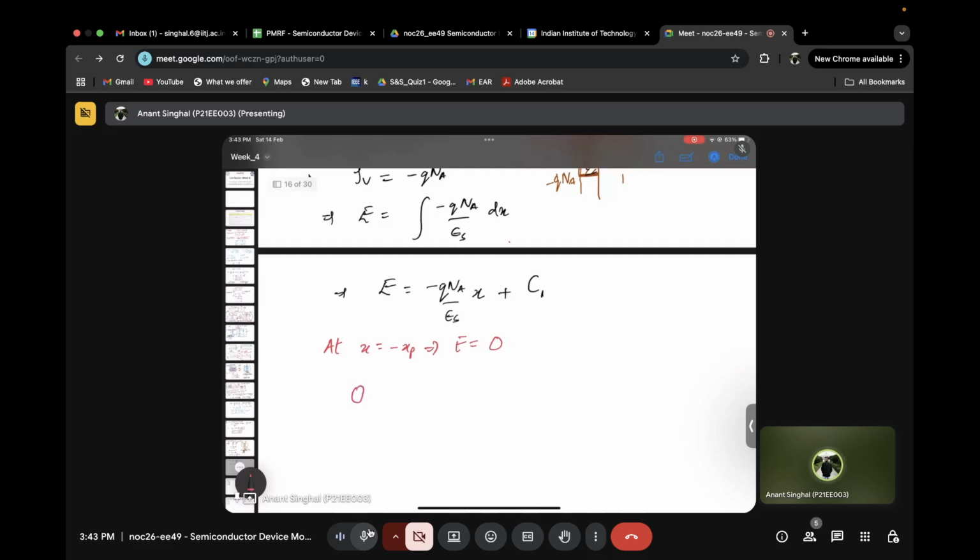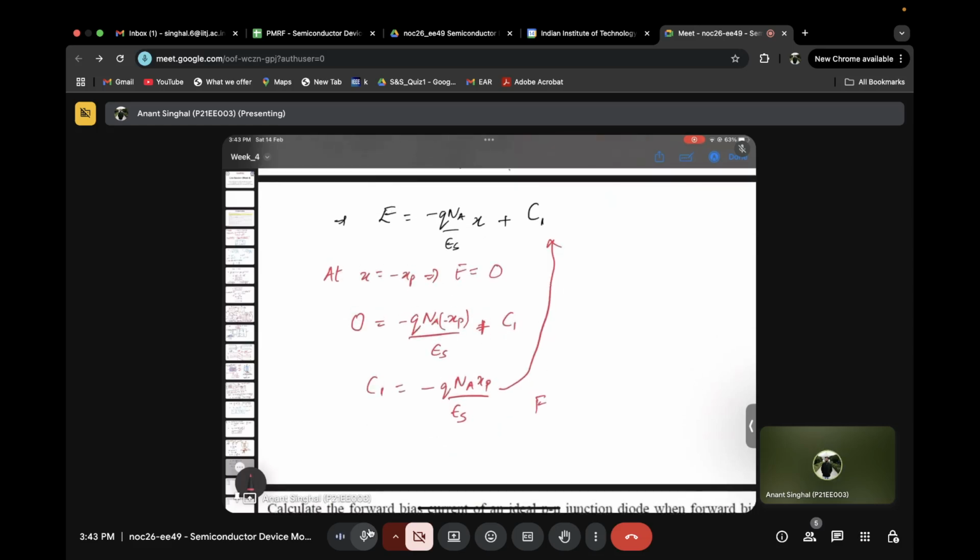I can write 0 equals minus q Na times minus xp over epsilon s plus c1. So c1 will be equal to minus q Na xp over epsilon s. I can keep this here to calculate the final E, which will come out to be minus q Na.